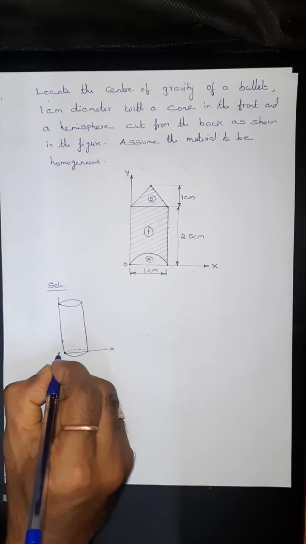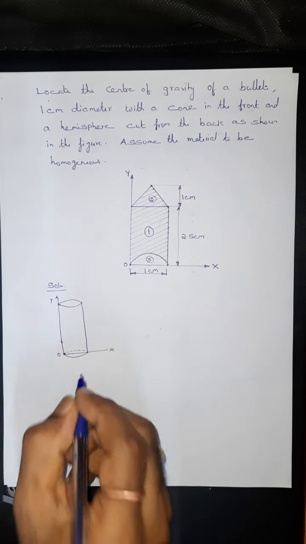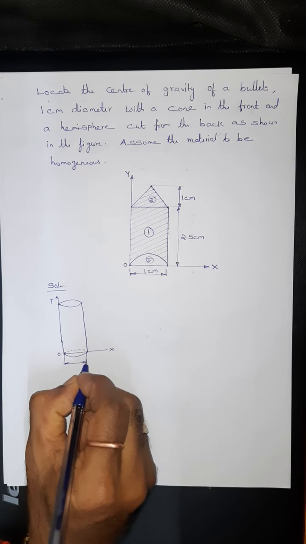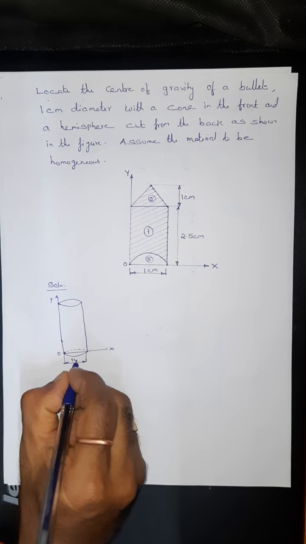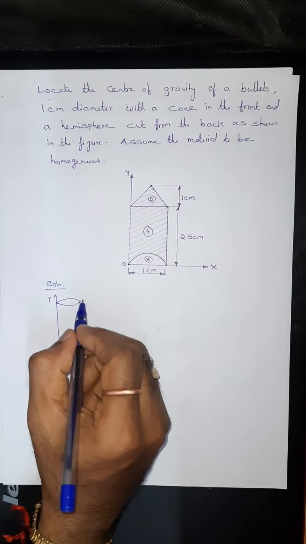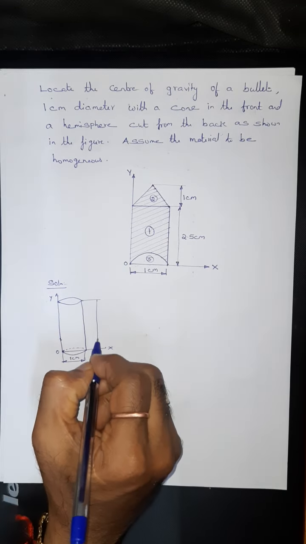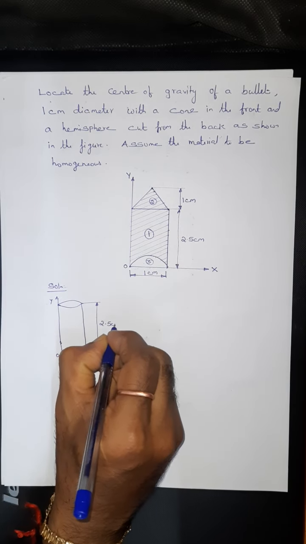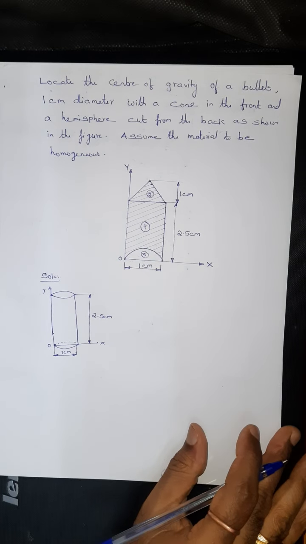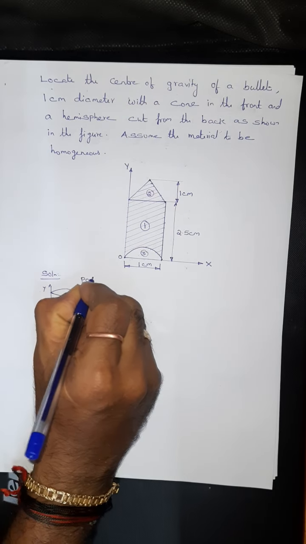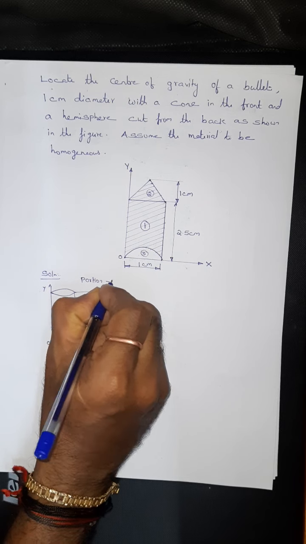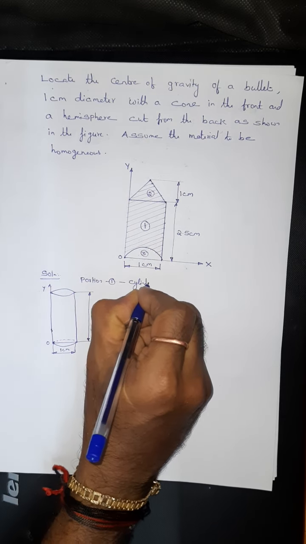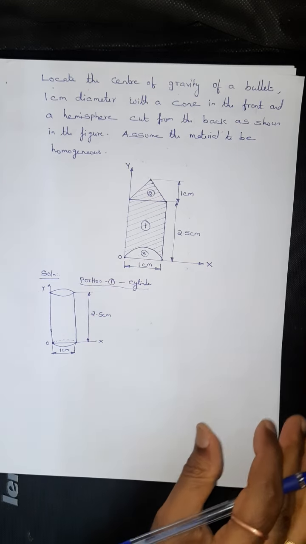So this is the x-axis, this is the origin, and this is the y-axis, and the diameter of the cylinder is 1 centimeter. And the height of the cylinder is 2.5 centimeter. So portion 1 is a cylinder.